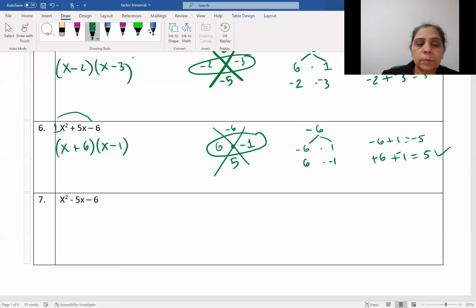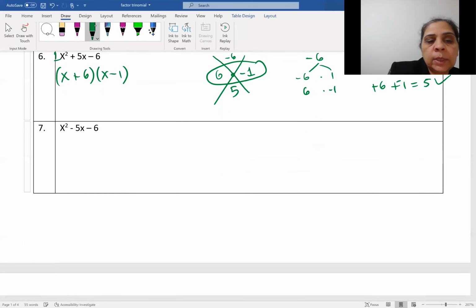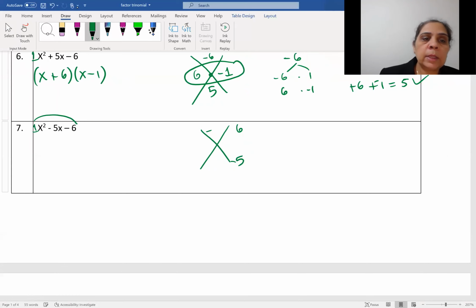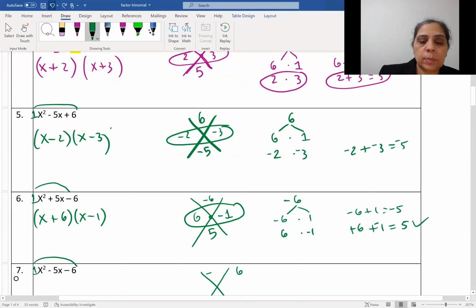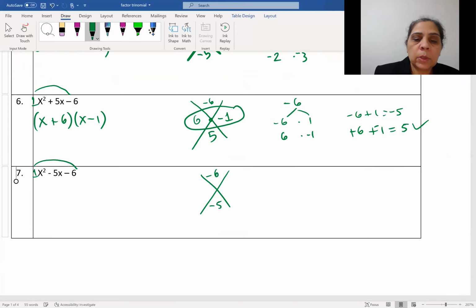Let's see the next one. We have again x squared coefficient is 1, and we have negative 6 here. So we will do the product: negative 6 times 1 is negative 6. The bottom number will be negative 5. So now we need to check. We need to choose two factors of negative 6: negative 6 and 1.